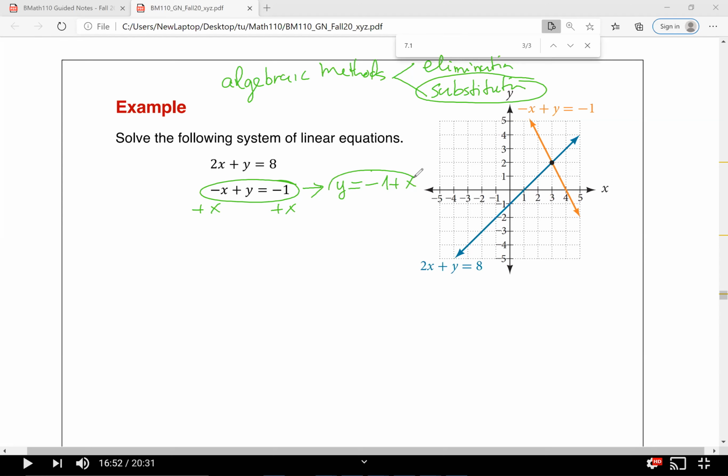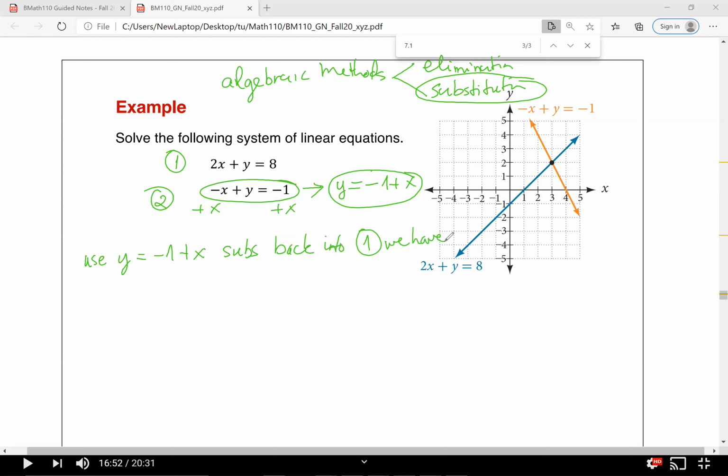Using y equals -1 plus x, substitute back into equation number 1. Let's say here is equation 1, here is equation 2.